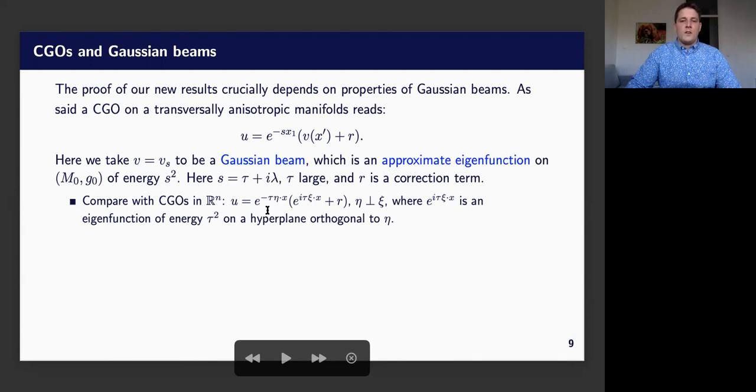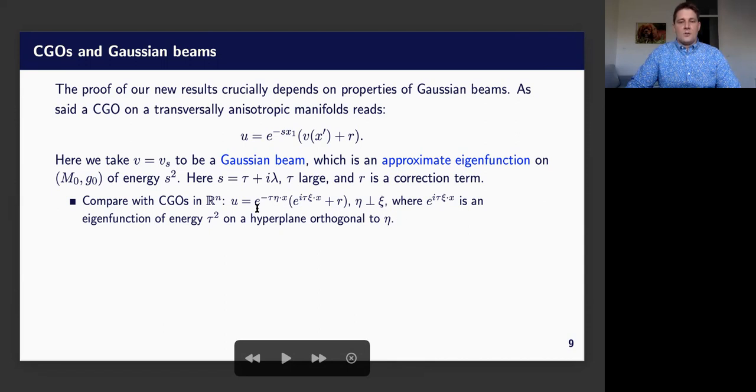I hope you do. This e to the power minus tau eta dot x corresponds to e to the power minus s x1. And this e to the power i tau xi dot x is actually an eigenfunction of the Laplace equation on the hyperplane which is orthogonal to this vector eta. So now you see the correspondence.